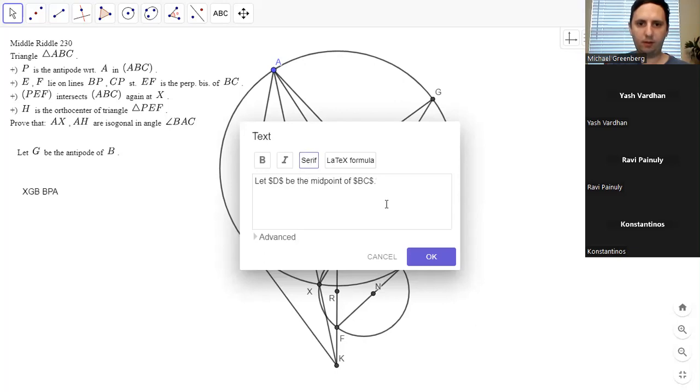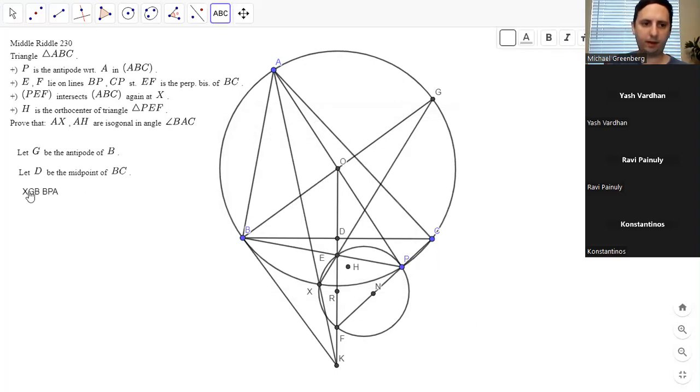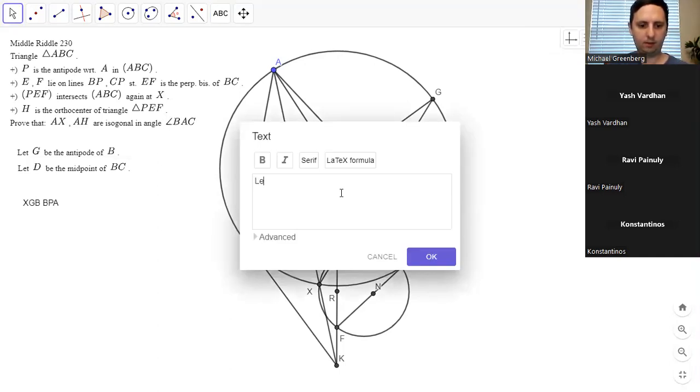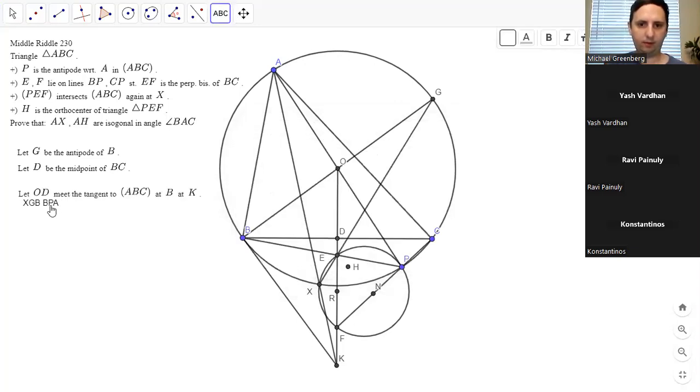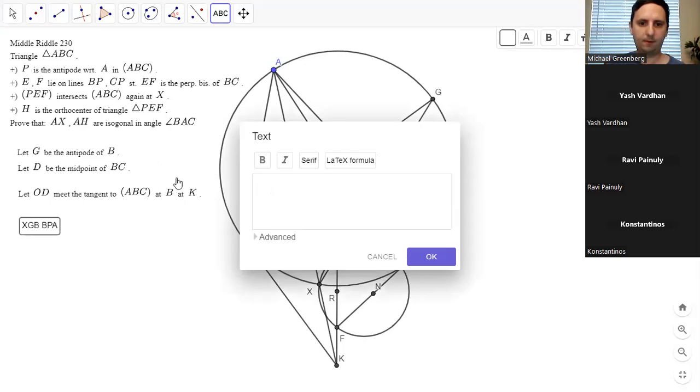And by Pascal's theorem, I'll say let OD meet the tangent to ABC at B at K. So by symmetry, CK is also tangent to ABC. Sorry, a lot of this stuff is obvious, but I'm just writing it up for the viewers.